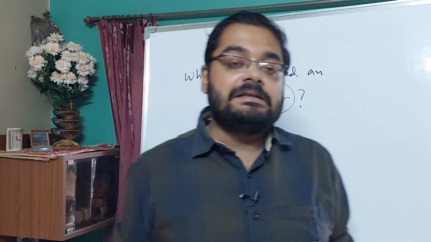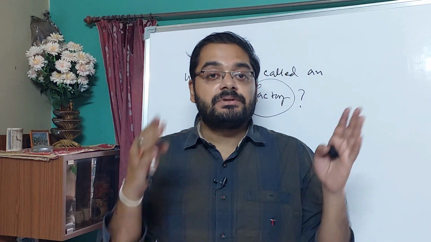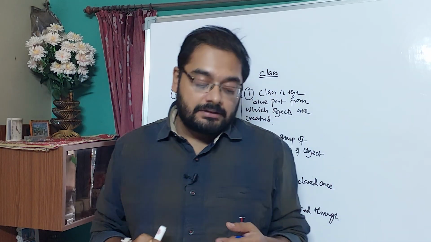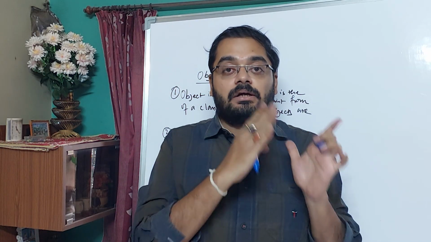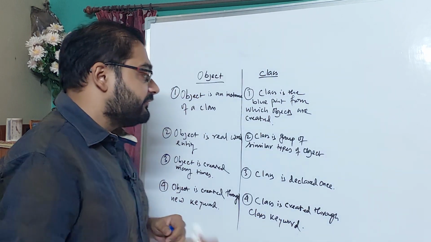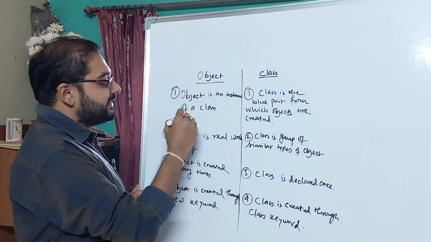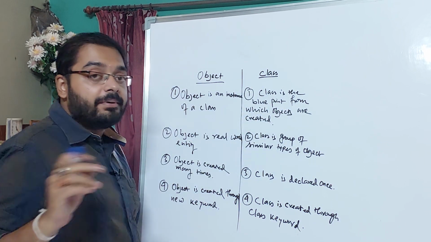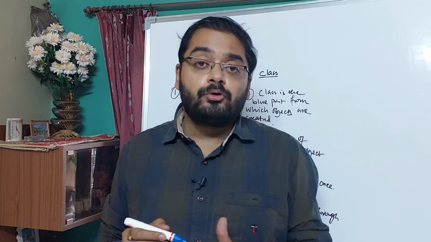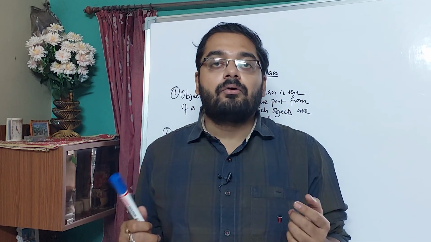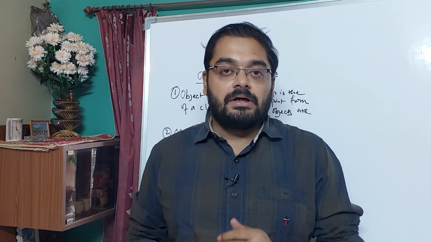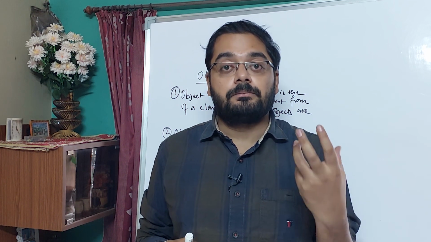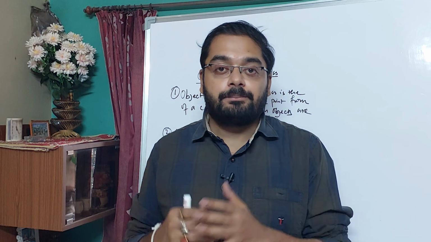Now we can see the basic difference between an object and a class. What is the first point? The object is an instance of a class and class is the blueprint of the object. What is a blueprint? Blueprint means when we create a house, before creating the house we make a pre-planned plan.